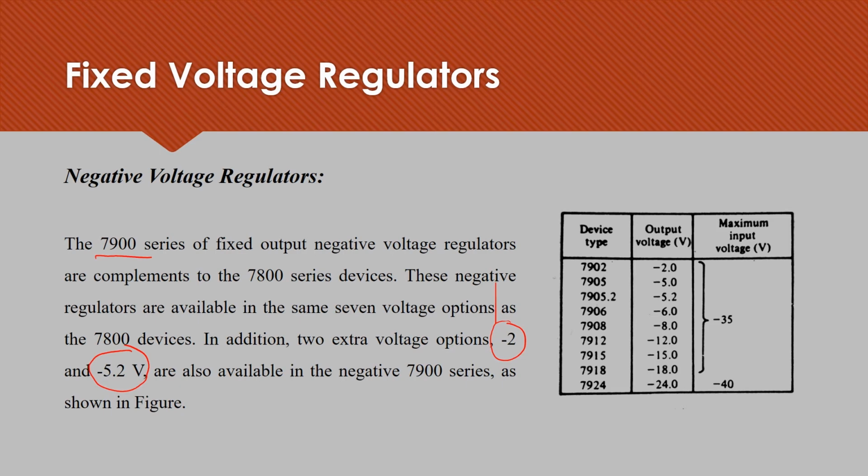As already seen, these are the device types, device output voltage and maximum input voltage required. These are the two additions from the 7800 series. Up to 18 volt, the maximum input voltage that can be given is minus 35 volt, and for 25 volt it's minus 40 volt, because they are negative regulators.